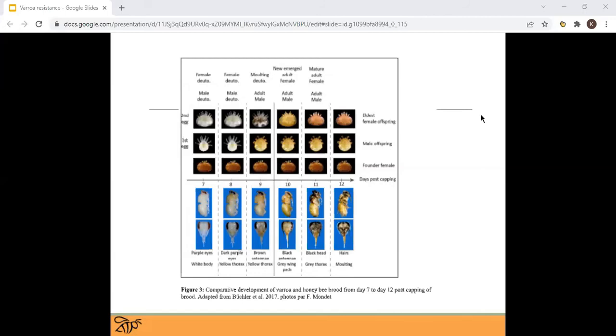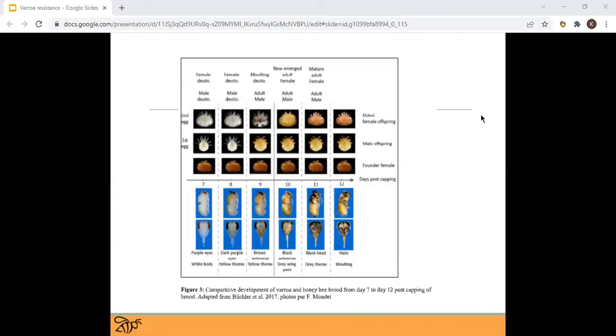Whenever you find a single foundress, you take a deeper look into that cell and dig into the Varroa family that exists inside of that cell. Based on the age of the pupa in that cell, we know where the Varroa family should be. We know how many daughters she should have. We know what life stages they should be at.